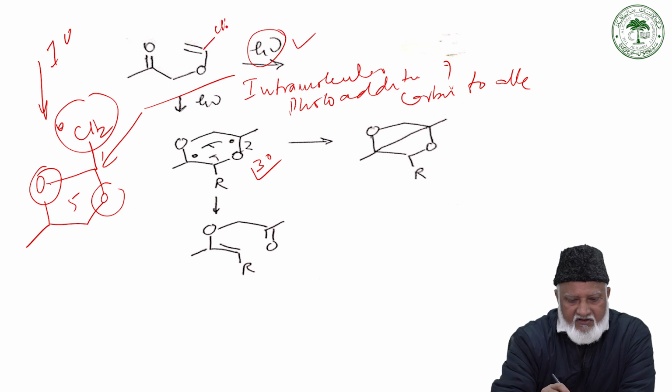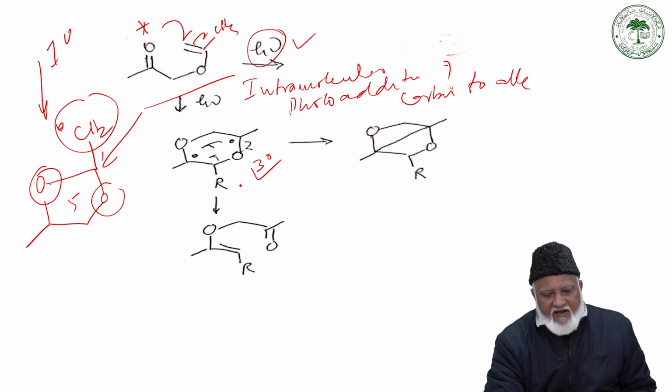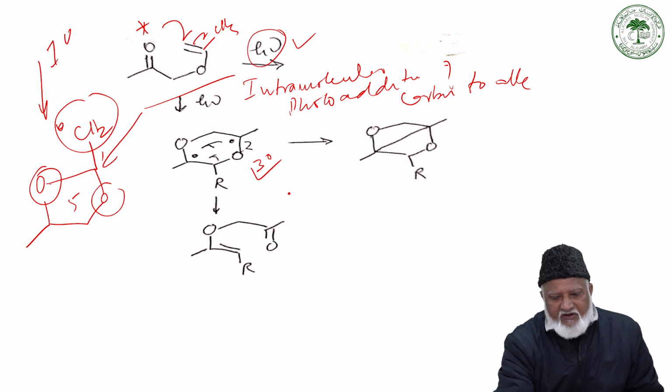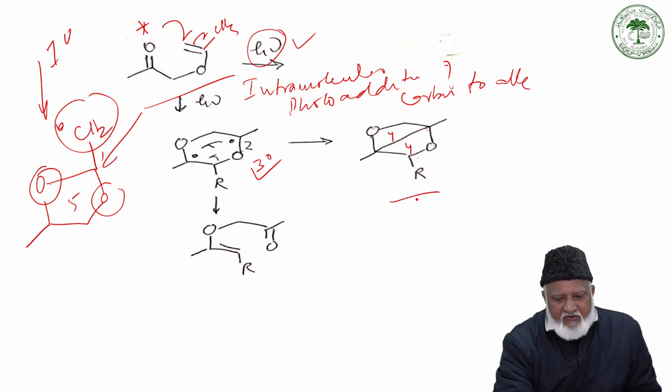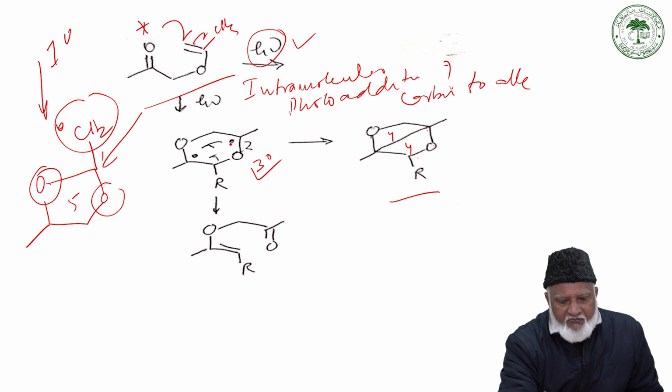This is CH3 here. The excited carbonyl can add to this carbon to generate this radical, and this radical has 2 possibilities. It can recouple to give a 1, 2, 3, 4 ring system. Of course it is unstable, but the other possibility is that it might open up.